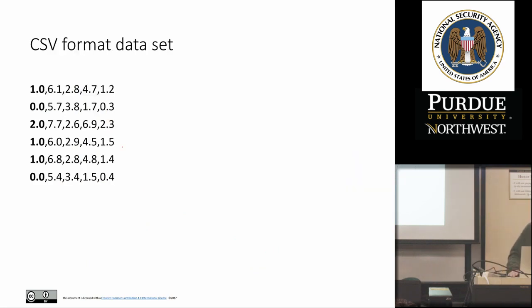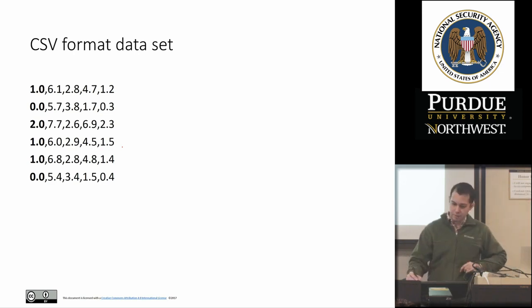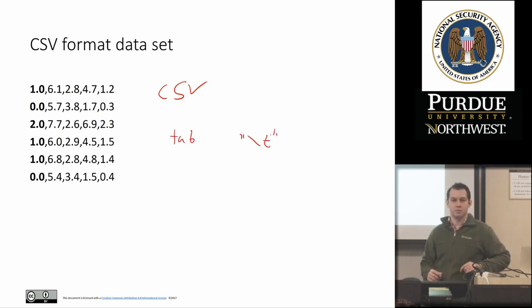So this is a data set, the iris data set, for instance, in CSV format. CSV stands for comma separated. It can also be tab separated, so you have the tab symbol, which I think is like that. That's the tab symbol.